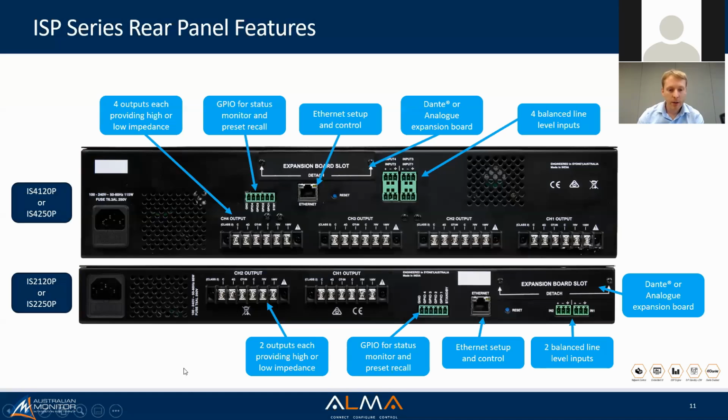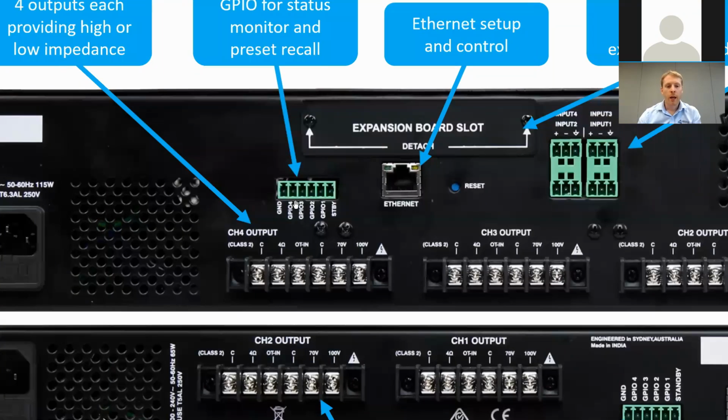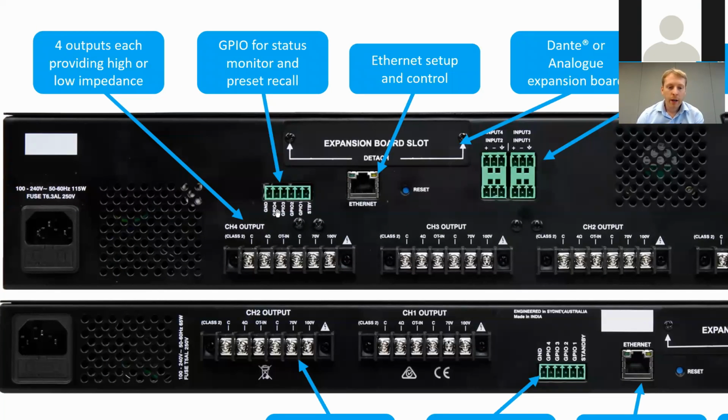So that is the power amplifier outputs. If I hopefully can zoom in here, sorry, can I zoom in? Yeah. So there are 4 GPIO ports on this product. So GPIO is general purpose input output.